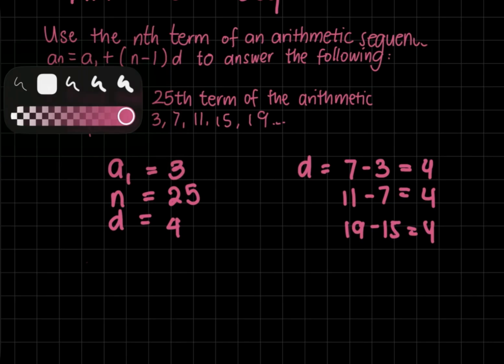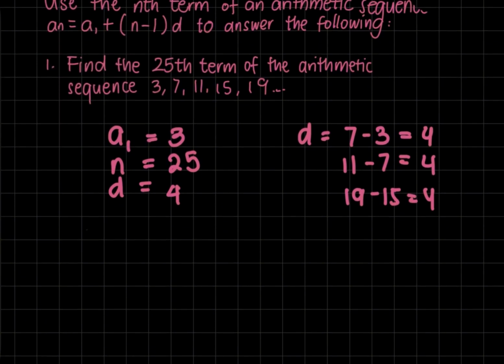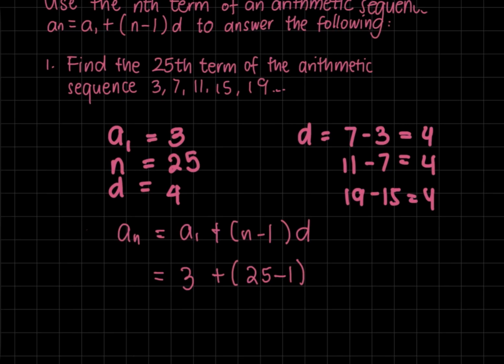Now, we can simply plug these values into our formula. So, let's write the formula again. a sub n equals a sub 1 plus n minus 1 times d. So we have 3 plus open parenthesis n is 25 minus 1 times the common difference 4.